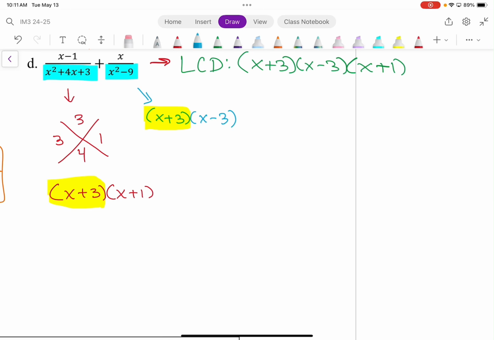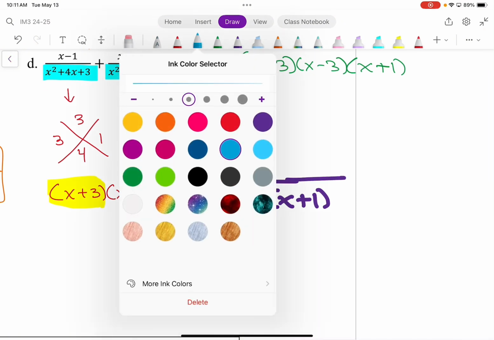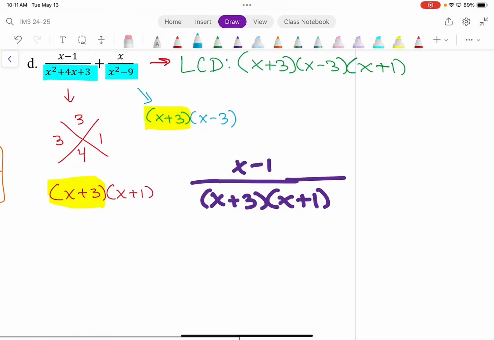Okay, so this is where things start to get a little ugly because we got to multiply our first fraction by, we said we were missing x minus 3. So we'll do x minus 1 over x plus 3, x plus 1. We're going to multiply these top and bottom by x minus 3 over x minus 3.